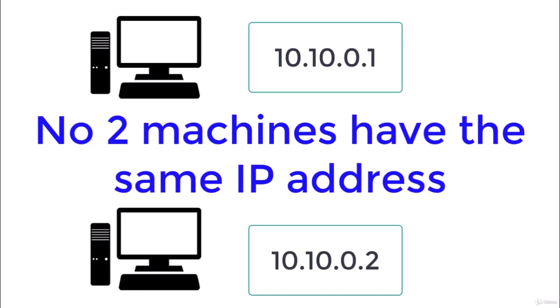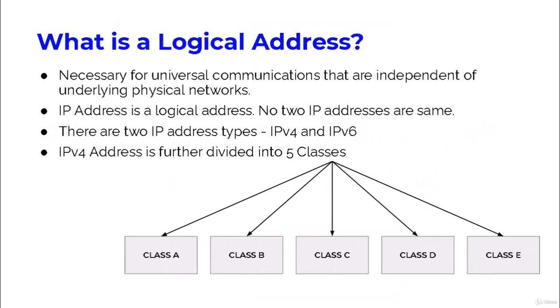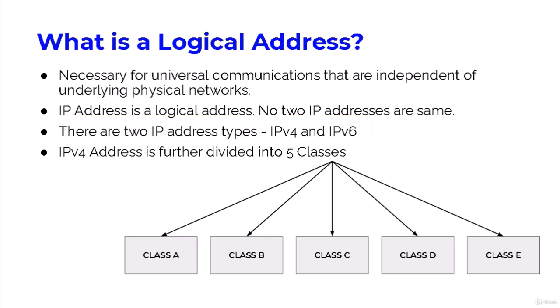In the same way, no two uniquely identifying devices can have the same IP address. There are two types of IP address: IPv4, which means IP version 4, and IPv6, IP version 6. IPv4 is further divided into 5 classes, class A to class E. We are going to discuss these classes in the upcoming lectures.